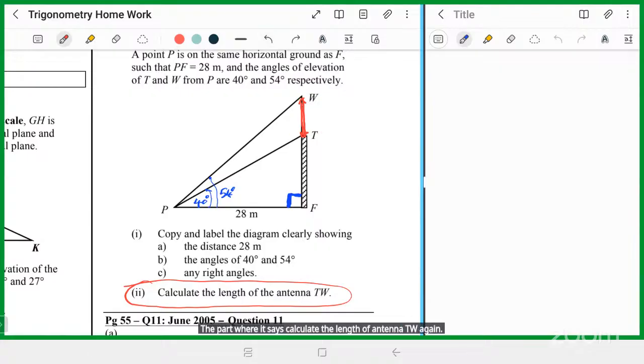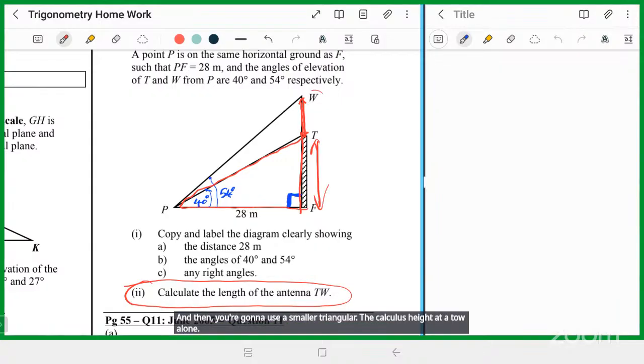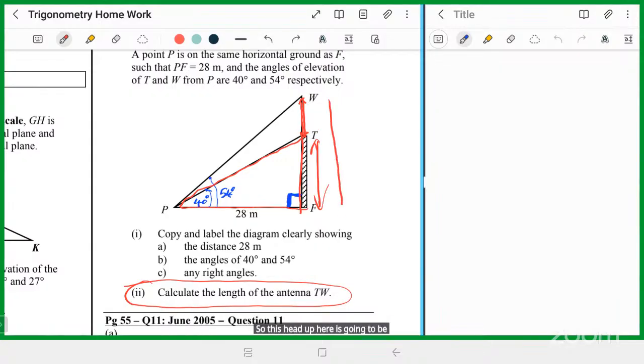Yeah. So you're going to use the big triangle to get the overall height up here, of everything. And then you're going to use the small triangle to calculate the height of the tower alone. So this height up here is going to be the overall height of everything minus the height of the tower. That's what the height of TW is going to be. And we can literally write it out.